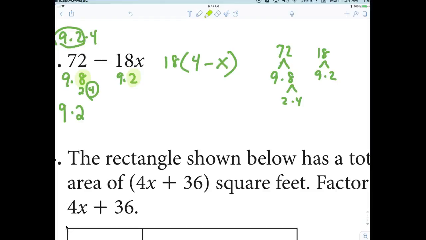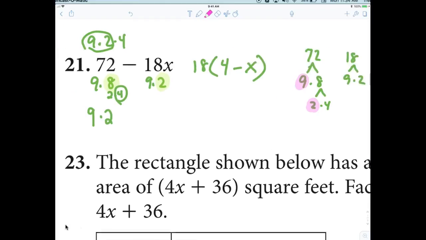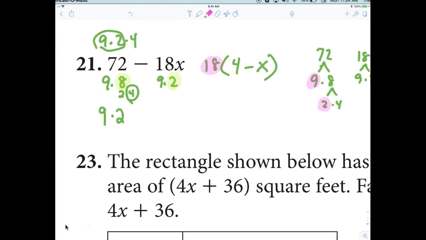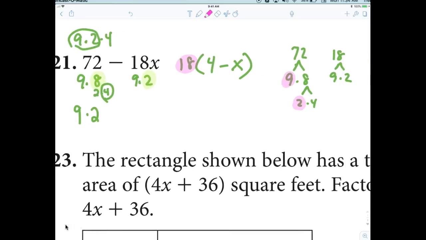There is a common 9 and a common 2. So the 9 times 2 is that 18. Then there is a 4 left over. That's why there's a 4 here. And if I pull the 9 and the 2 out, there's just a 1 left. Very easy if you think of it like that. That's how I wish you would think of it.